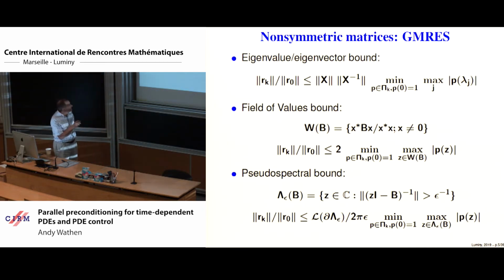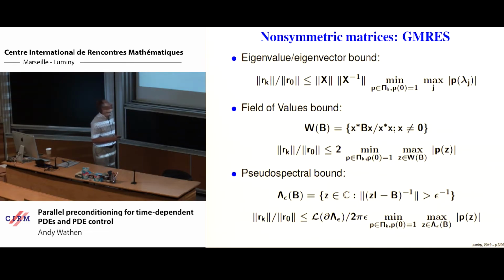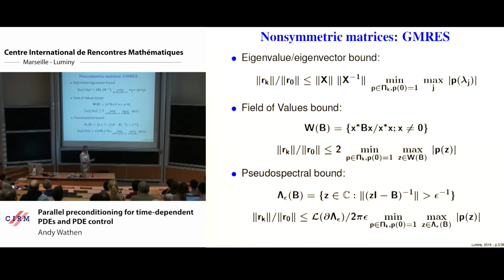There's also, for example, the pseudospectral bound. So the epsilon pseudospectrum of B is the set of z such that the norm of the resolvent is greater than epsilon to the minus 1. These are the things that are near to the eigenvalues, if you like. And then the bound here is, again, the relative reduction in the residual norm, where k is my iteration counter, bounded by the min-max polynomial on now a set which is the pseudospectral set, different for each epsilon.